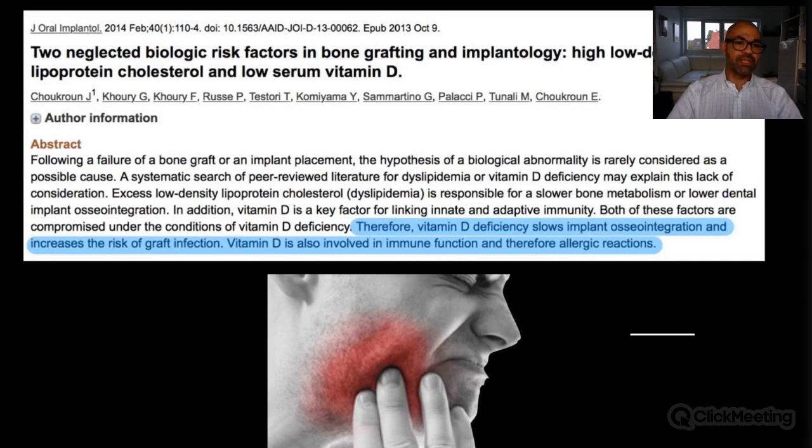This is a paper published by Joseph Chukroun, and if you are hearing us, a big hello to you, and Patrick Palacci, Tiziano Testori, Fouad Khoury and George Khoury. It's a bunch of very experienced doctors who have shown that vitamin D deficiency, and if there's high cholesterol and a low serum vitamin D, it might affect the outcome of implant osseointegration and might increase the risk of graft infection.